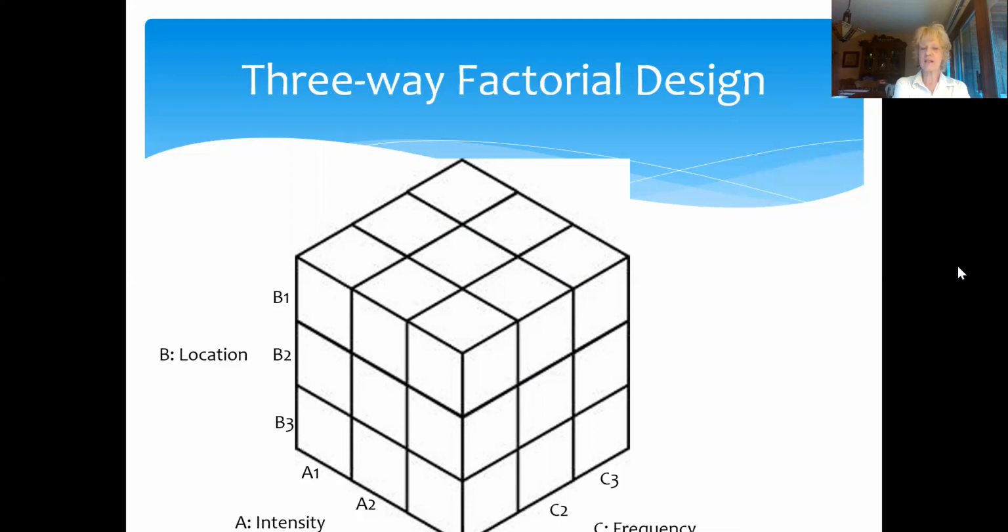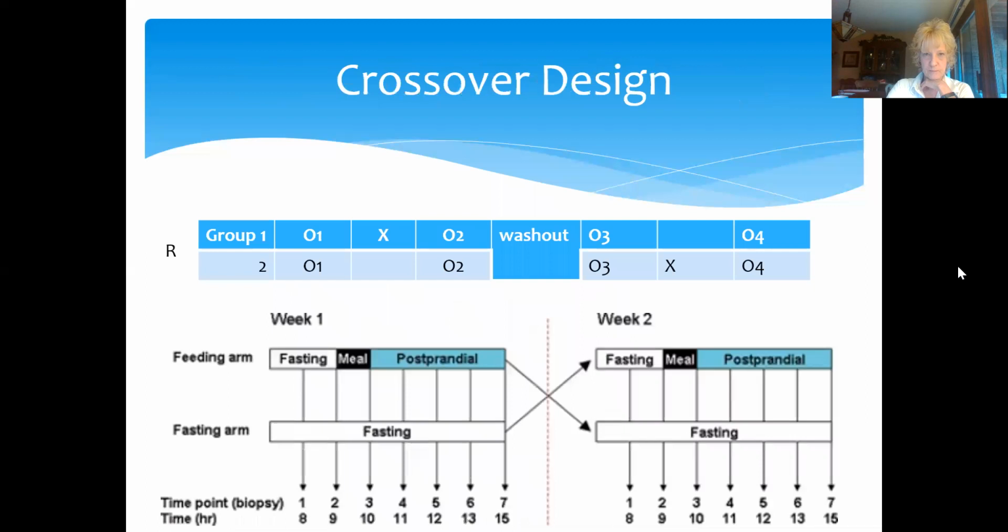And then the frequency, once a week, twice a week, every day. And intensity would be an hour or half hour. And you could look at the variety of variables and how they impact your outcomes.